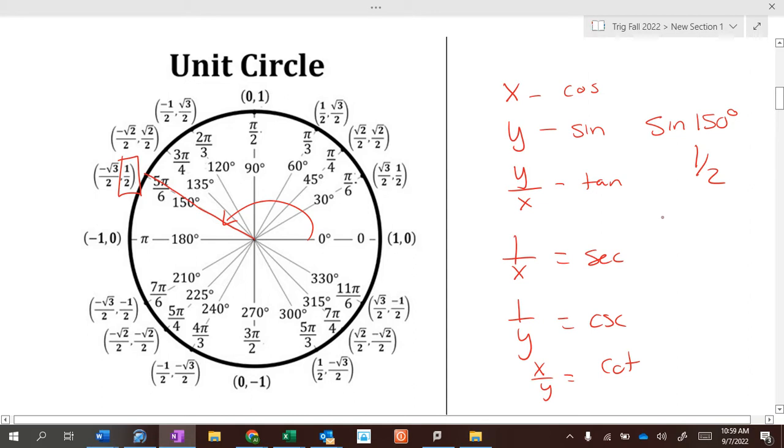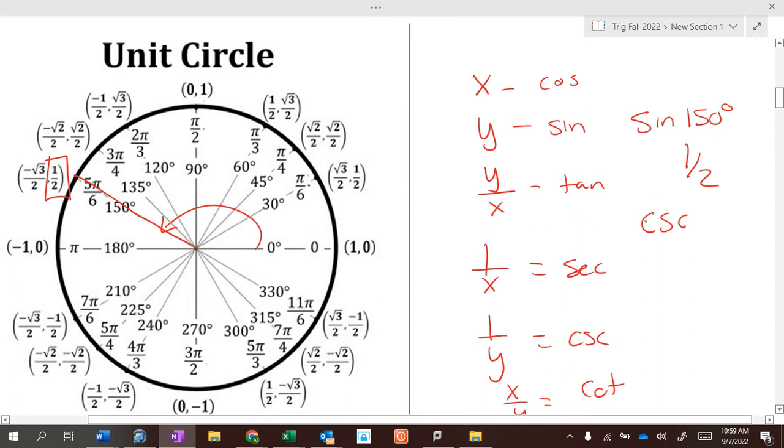Let's say you wanted the cosecant, nope, the secant of 5 pi over 3. The secant of 5 pi over 3. And you go, what? Mr. Bierschbach, don't do this to me.